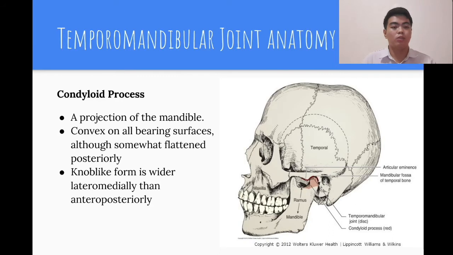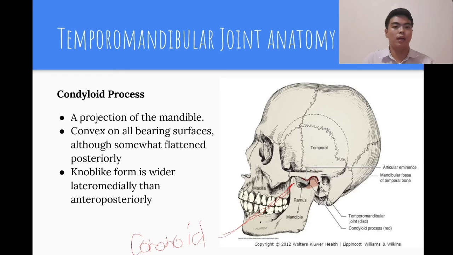The mandible has two superior processes, the coronoid process and the condyloid process. But in this picture, the condyloid process is the only labeled part. So, this is the part where the coronoid process is located. Moving on, the condyloid process is a projection of the mandible, and it is convex on all bearing surfaces, although somewhat flattened posteriorly.